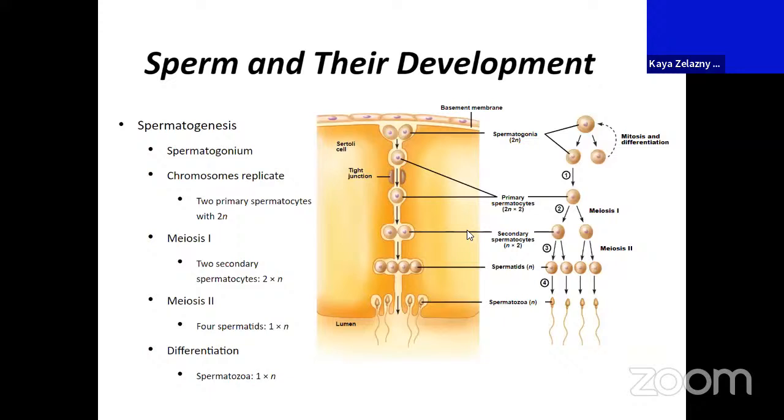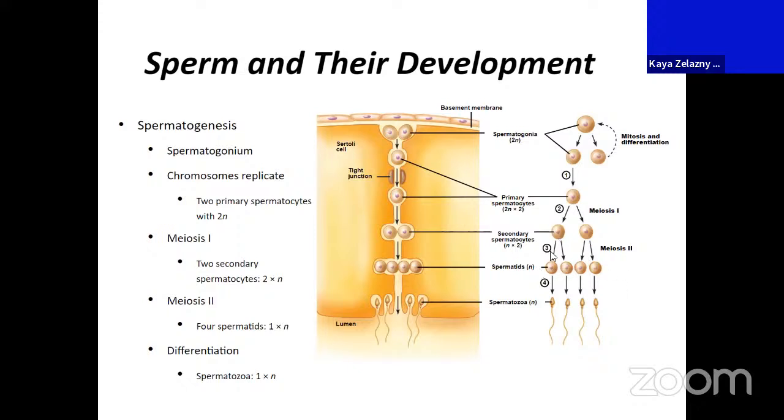Okay. As we continue down towards the lumen of the seminiferous tubule, we divide again, so that's meiosis 2. And at this point, we're pulling apart the sister chromatids, if you remember your terms for meiosis. So we've still got haploid cells, but we don't have as many copies of each of those genes anymore.